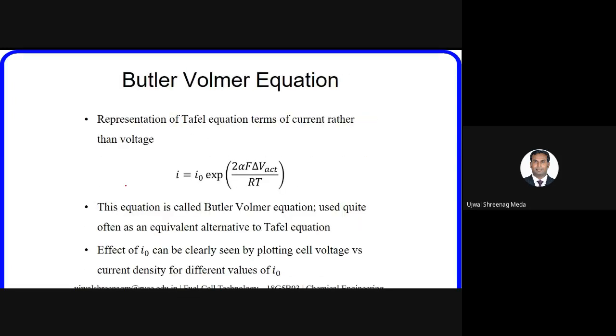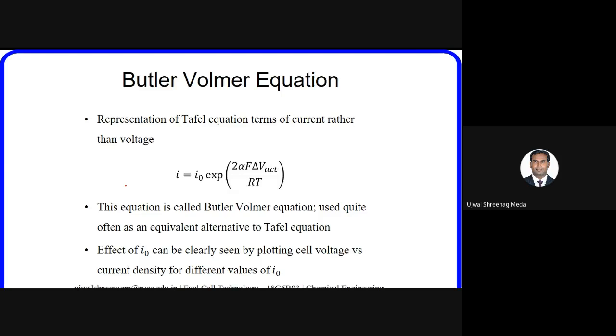So now we realize that in this Tafel equation, the contribution of I naught is very high. So I naught plays a significant role. And as mentioned earlier, this Tafel equation can be expressed in many forms.